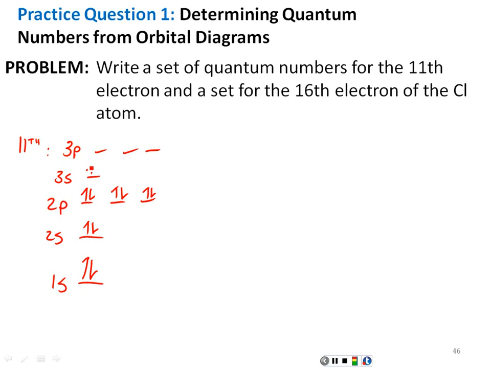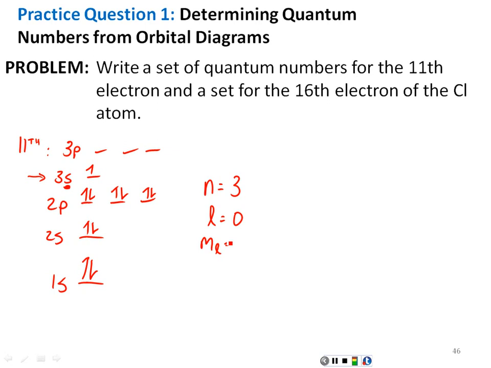So what are the 4 quantum numbers for that electron? The principal quantum number would be 3. It's in a 3s orbital. The L value for that electron is going to be 0. And why is that? That's because it's an s orbital. What is m sub L?